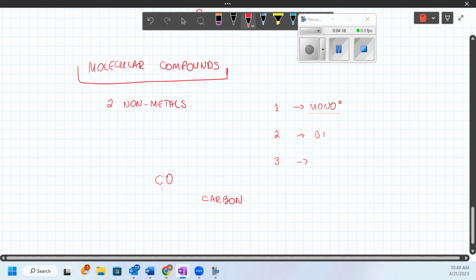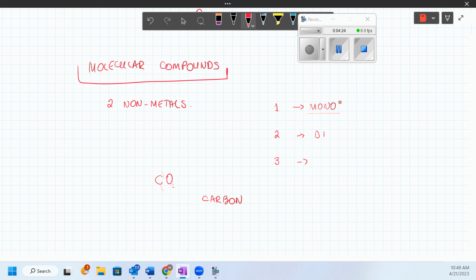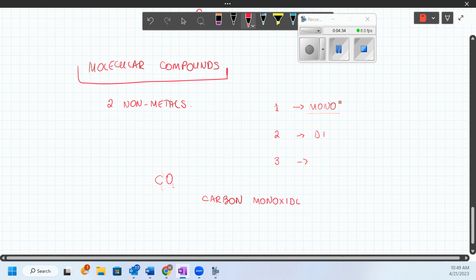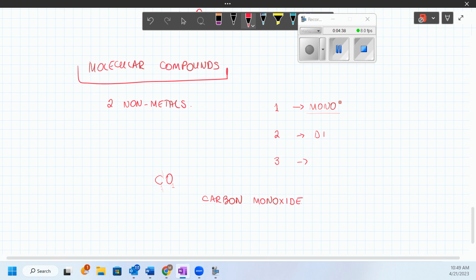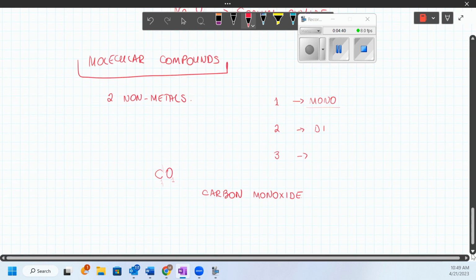Then the second element as well has only one atom, however, since it is the second element, we mention the word mono: monoxide, starting with the root of the second element and then IDE.